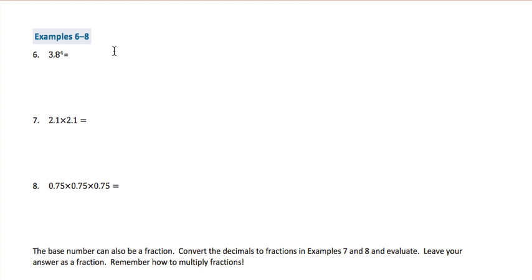So in our examples 6 through 8, we want to first of all represent what is really going on, either as an exponent or writing the exponent as a multiplication problem. So in our first one, we're multiplying 3.8 times itself 4 times.